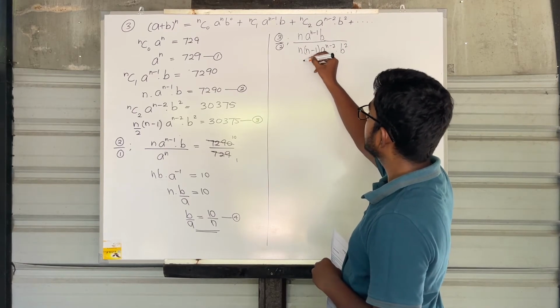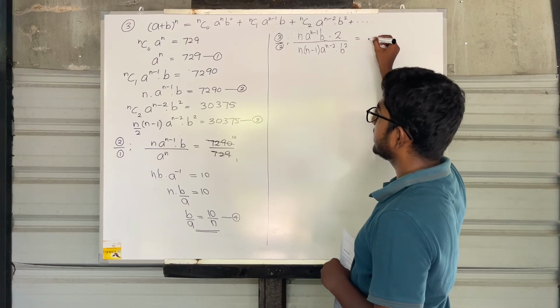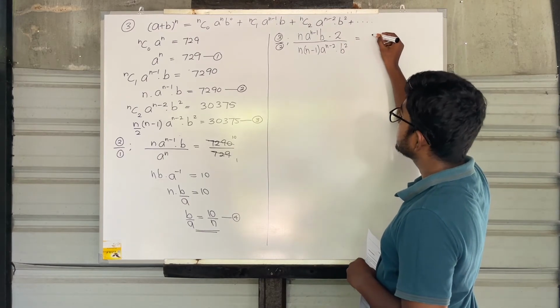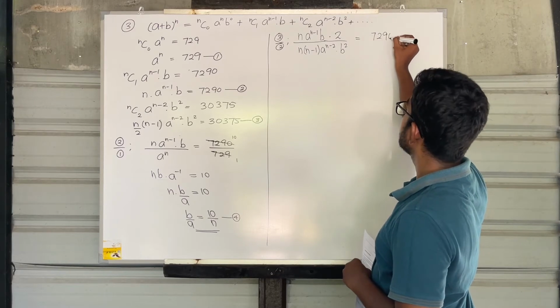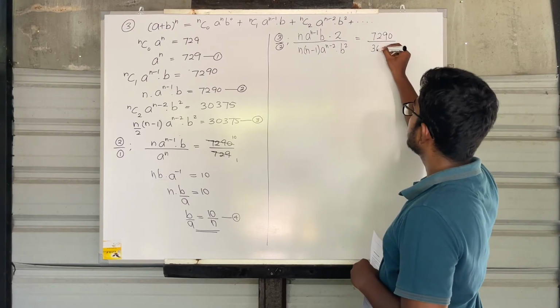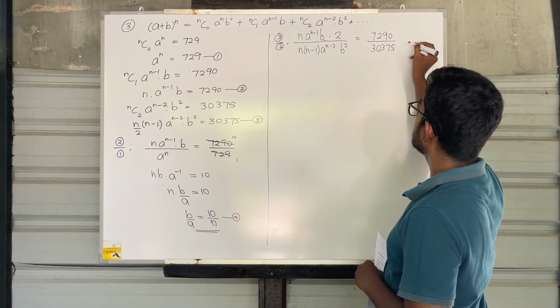This divided by 2 goes to numerator. This is second equation 7290. This is third, 30,375.